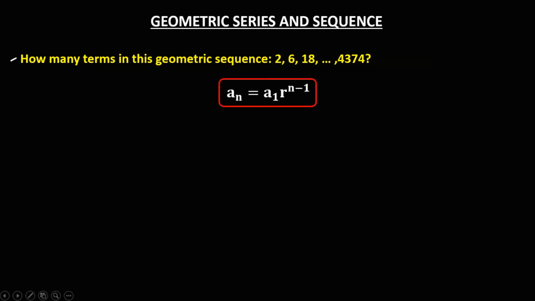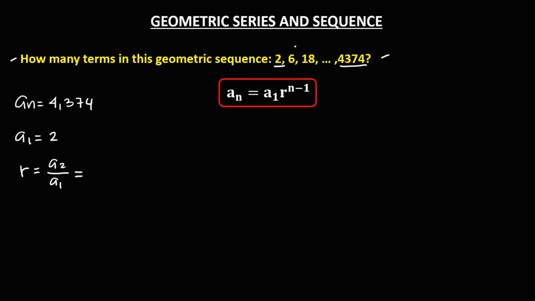Using this formula for the geometric sequence, from this given, a sub n, that's the last term, is 4,374, then a sub 1 is the first term, positive 2, and r is the common ratio, and we can find r using a sub 2, that's the second term, over a sub 1, that's the first term.